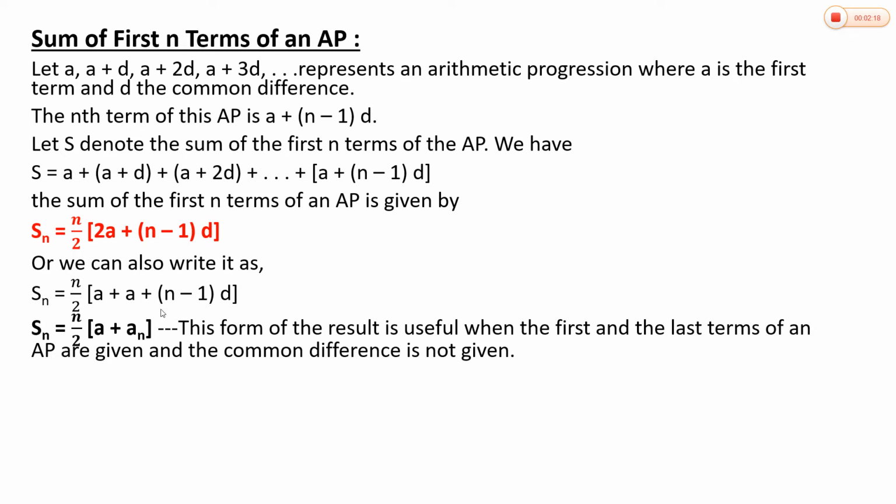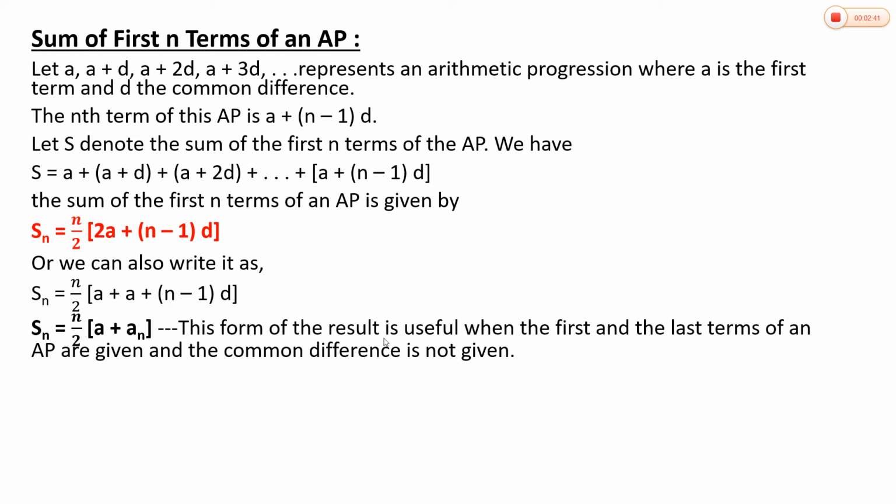So you can replace this a plus n minus 1 into d by an. If you replace it, your Sn formula becomes Sn is equal to n by 2 into a plus an. Here a is the first term, an is the last term, or nth term.